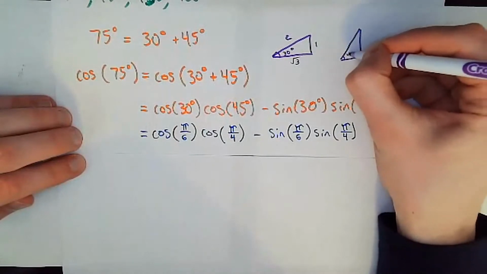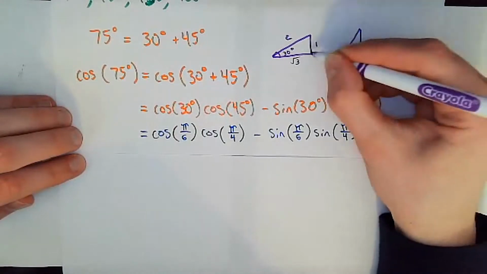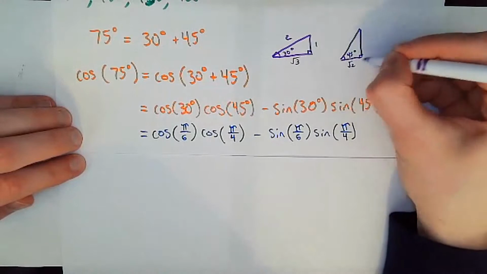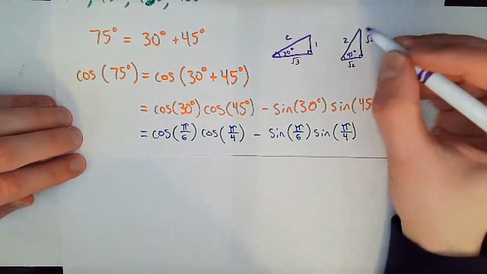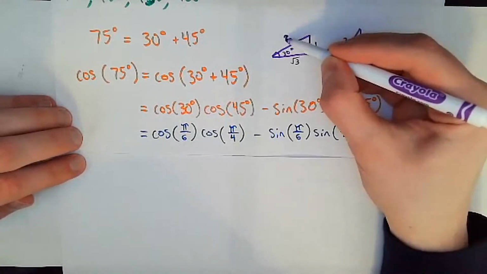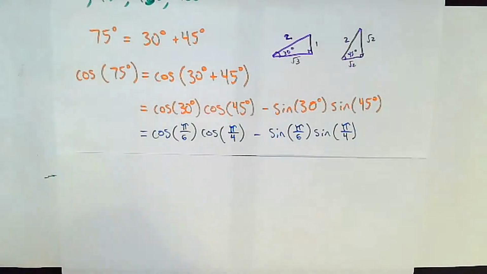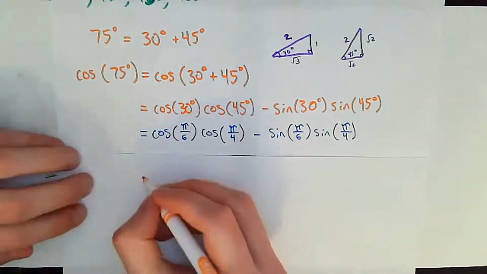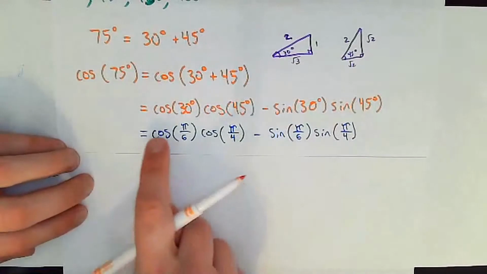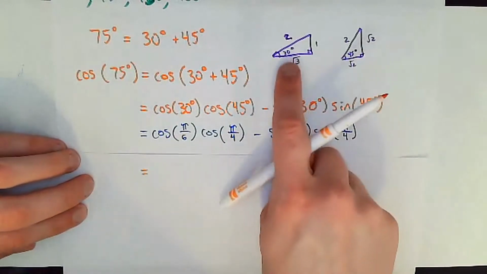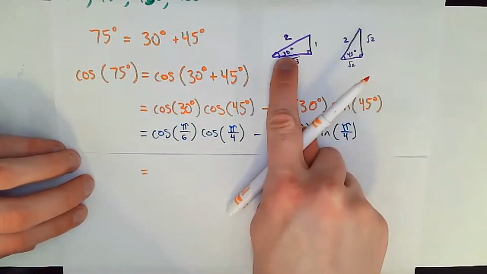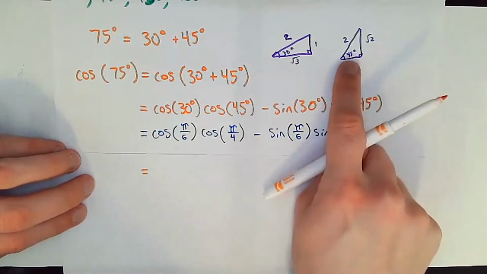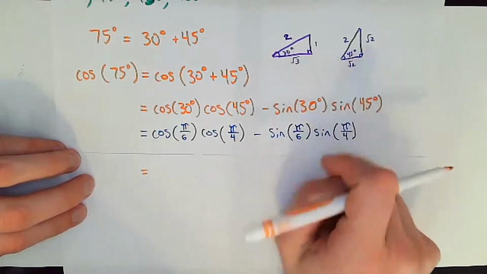And then I've got a 45, 45, 90, and those sides are 1 for the legs and square root of 2 for the hypotenuse. That's going to be a helpful reference here. Oh, and by the way, if you like the radian form better, then instead of 30 degrees you can put pi on 6 in there, and instead of 45 degrees, you can put pi on 4.